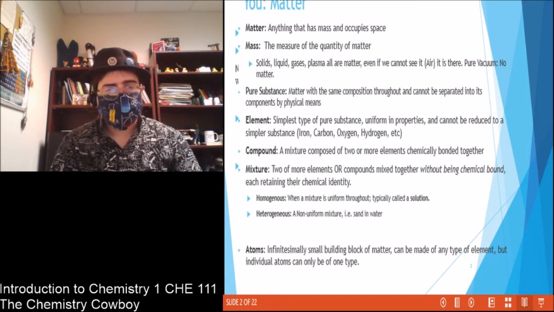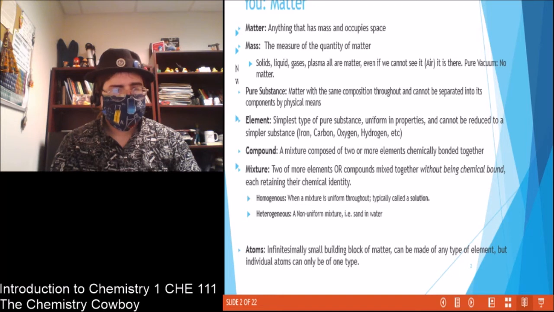Now we can break down mixtures into two types, homogeneous and heterogeneous. As we describe these, sometimes these terms come from either Greek or Latin, so if you can get the terminology down, we can better understand this.